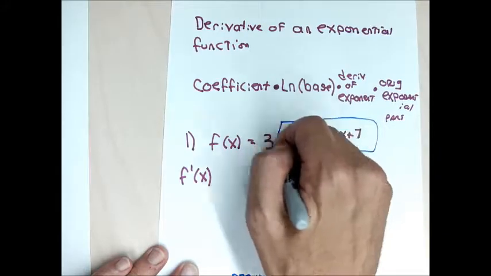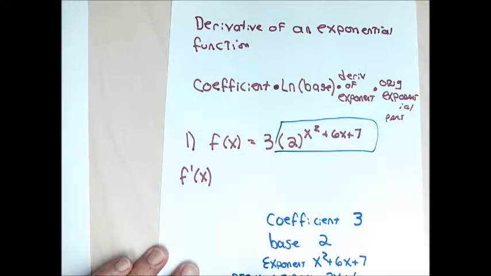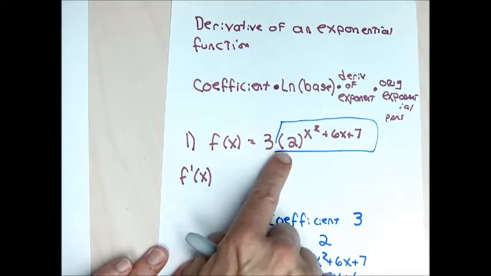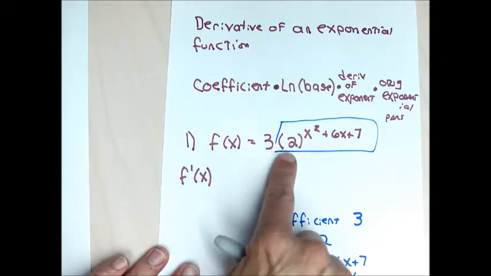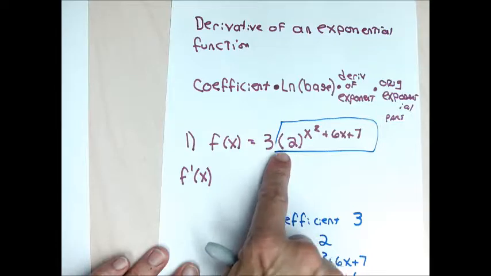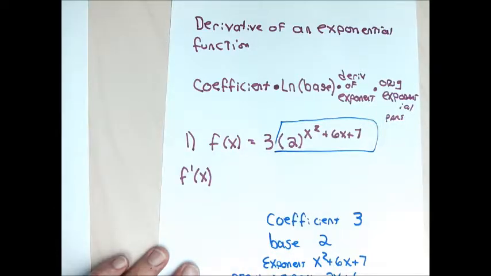I didn't really know how to write that in nice math words, but the original exponential part, piece I'll call it now, is the 2 to the x squared plus 6x plus 7. When there's a coefficient, the base probably should be in parentheses, otherwise this might look like the number 32 as opposed to 3 times 2 to that power.